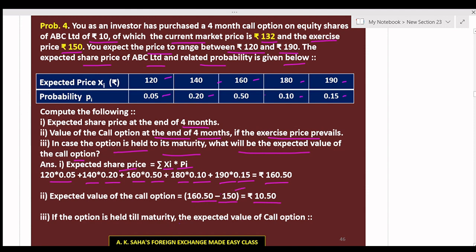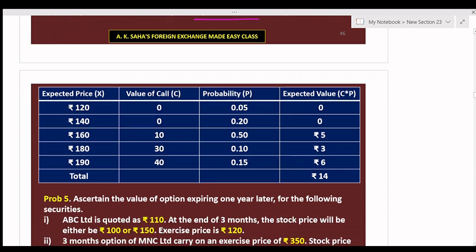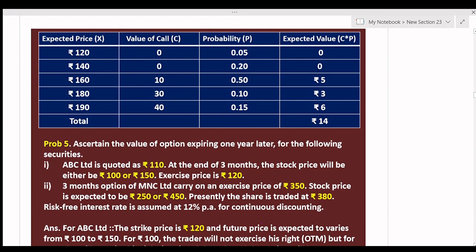If the option is held till maturity, the expected value of the call option will be as follows. Expected price 120: the value of the call will be 0 because he will not exercise his right. Probability is 5%, so expected value will be 0. And in the next, 140, he will not exercise his right, and probability is 0.20 and expected value is 0.